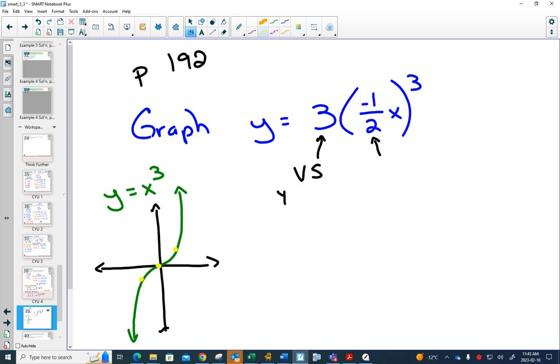We know that we have to multiply our y values by 3. Does this negative 1/2 get affected by the cubed? Yes, it does. So this will be horizontal. The negative will be a horizontal reflection. The 1/2 will be a horizontal stretch. You'd have to multiply your x values by -2.